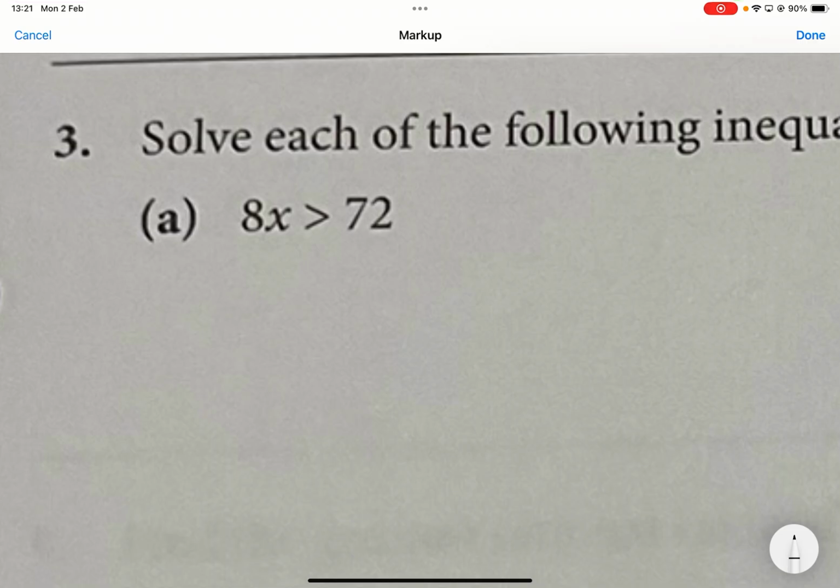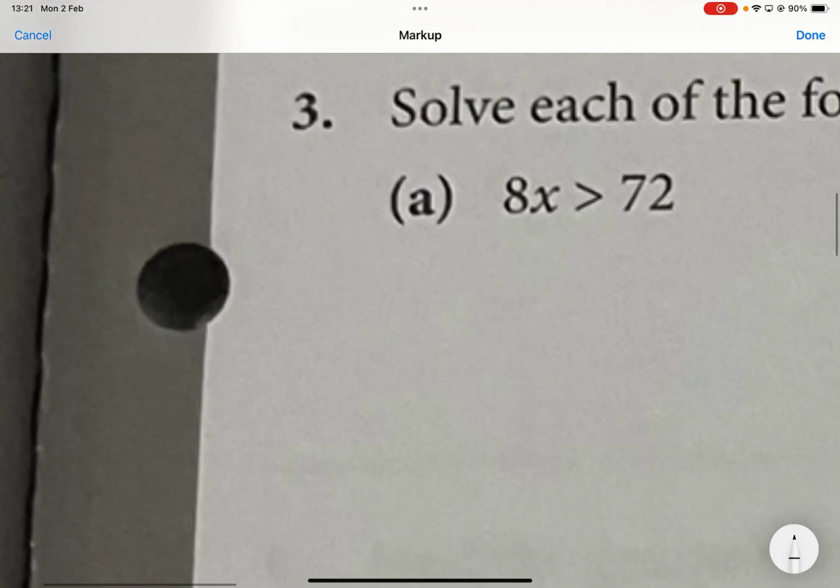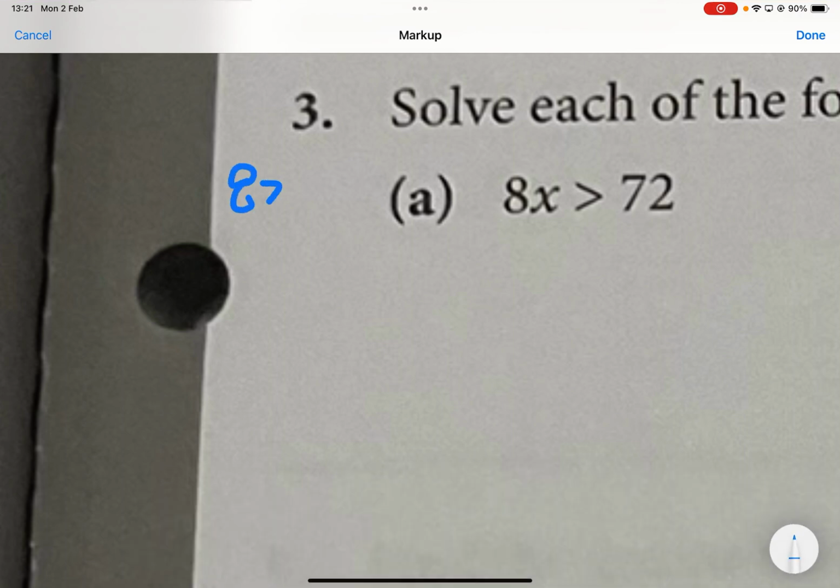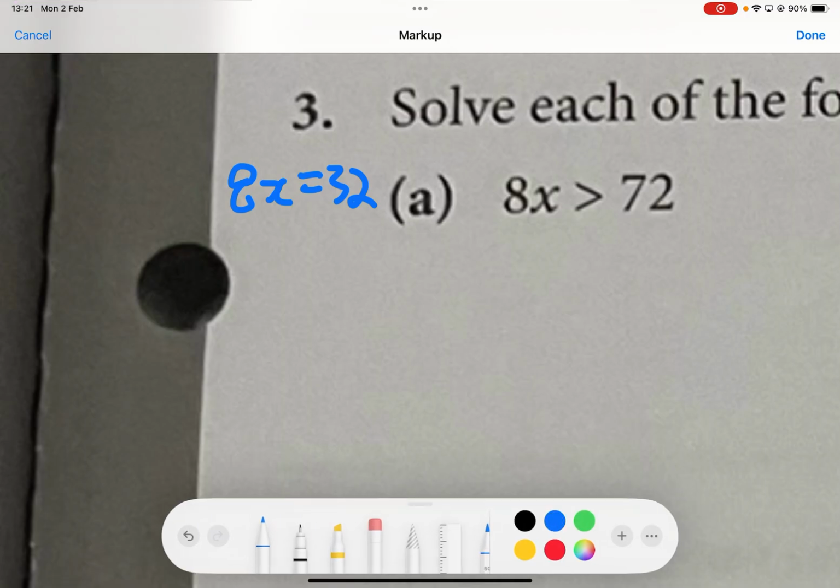Arik, when we are solving equation, what are we asking? What is your answer if I'm solving equation? Okay.